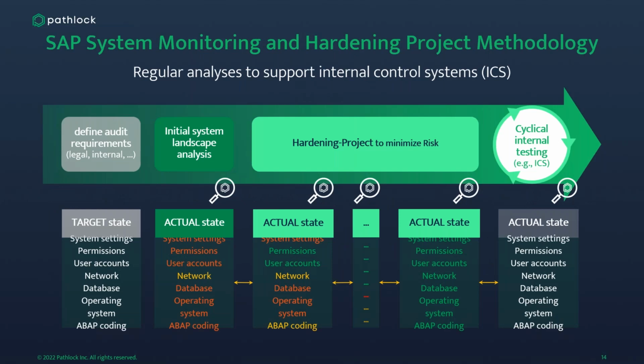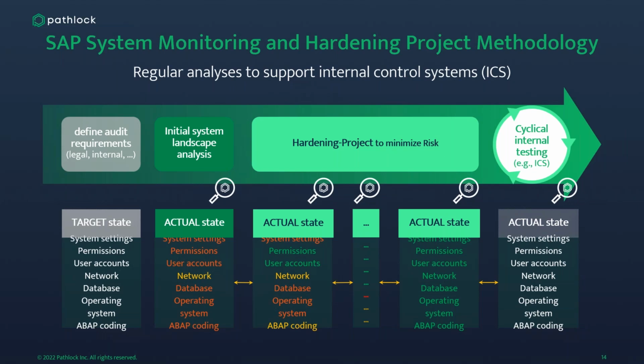But back to the system hardening: how such an approach works with our tool, how we support you, and how we think is the best approach to get a hardening process to a final state where all your systems are according to your audit requirements.